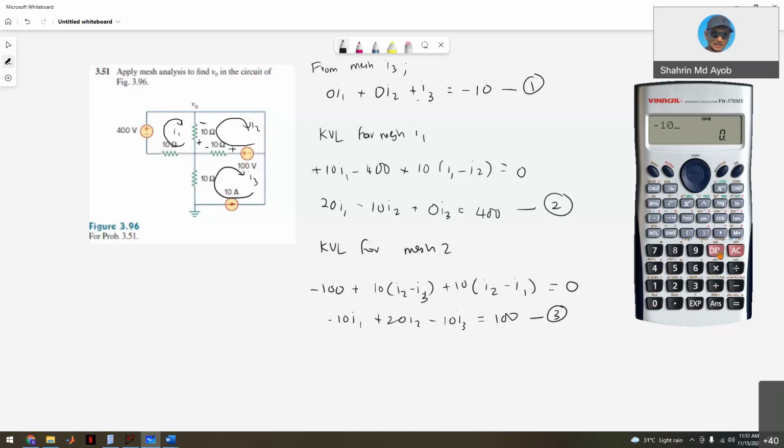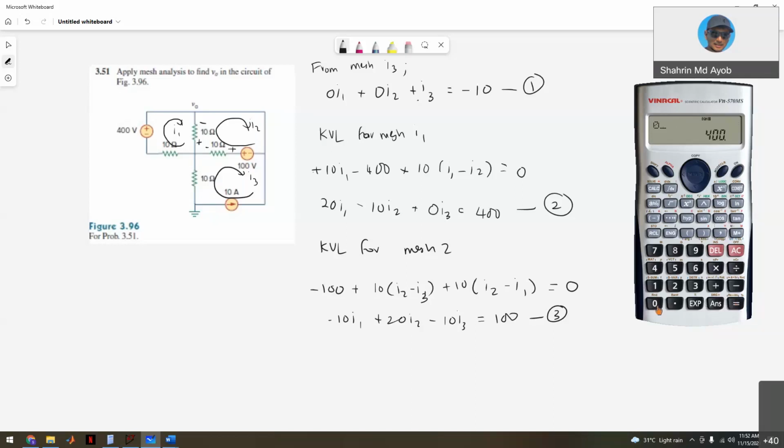Negative 10, and then for A2 is actually 20, negative 10. Oh, sorry, this one. A3. I think I need A1 0, 1. A2 20, negative 10.